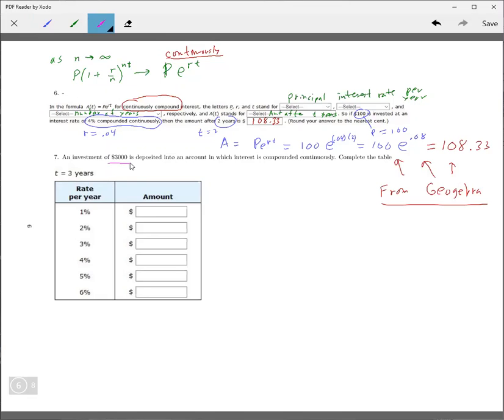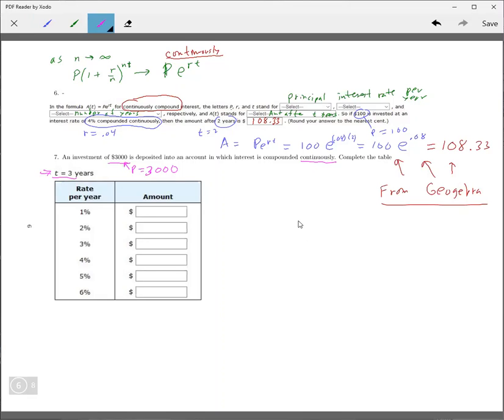An investment of $1,000 is deposited into an account in which interest is compounded continuously. Complete the table. Oh, and T is 3 years. Okay, so that means that P is 3,000 and T is 3.